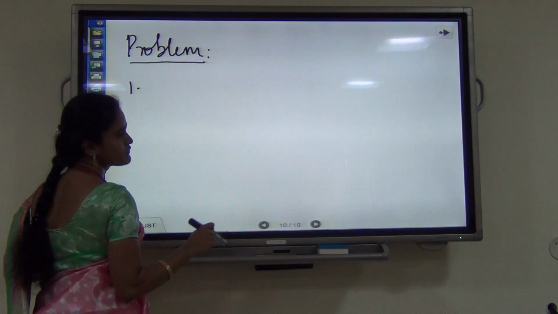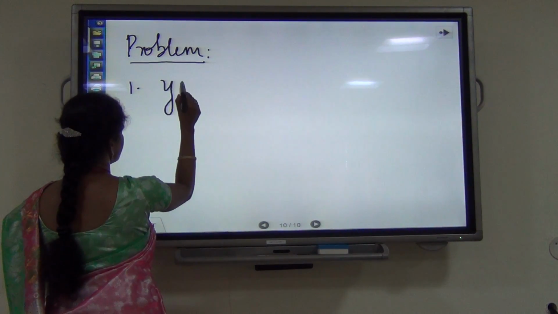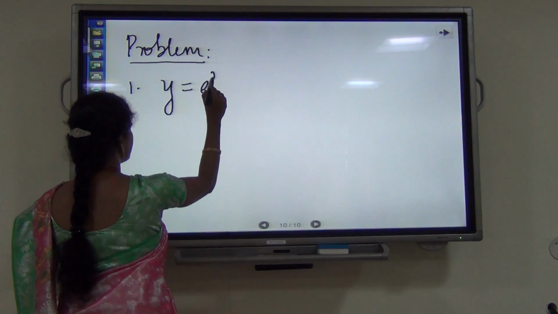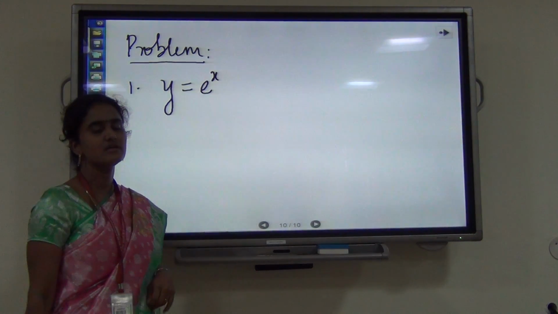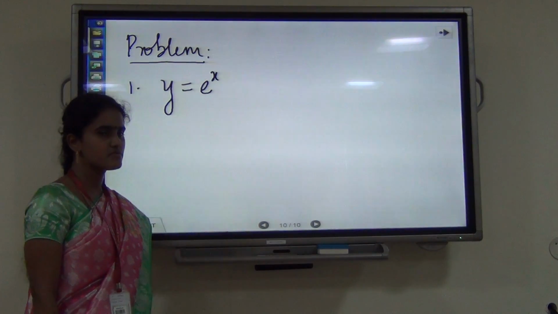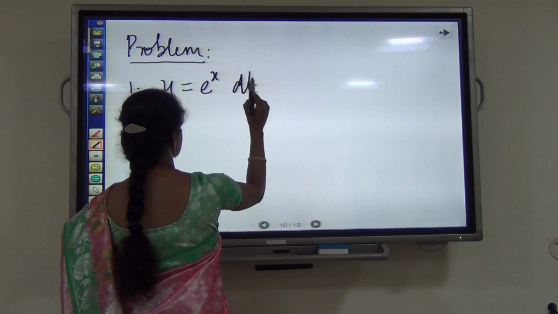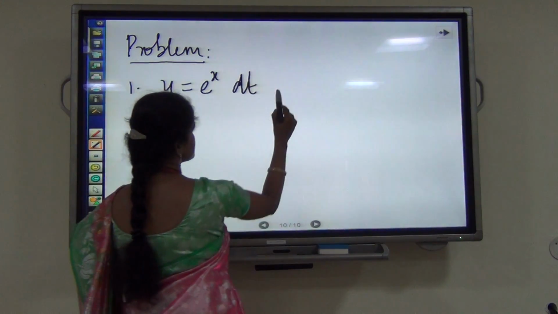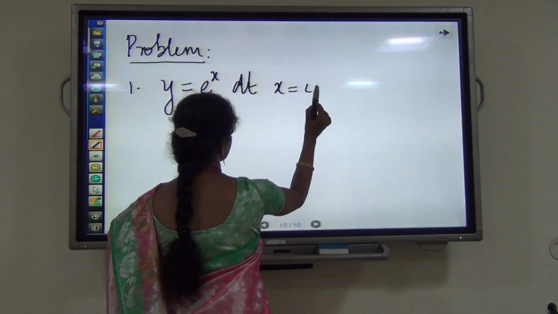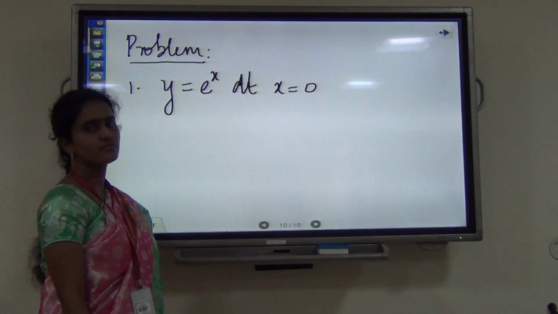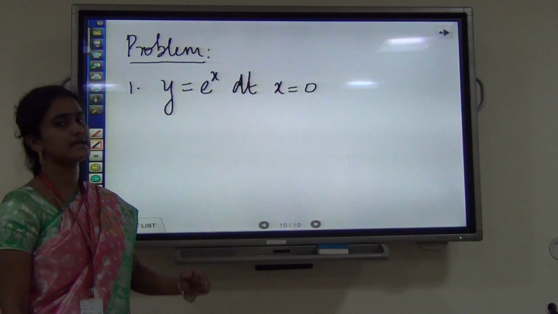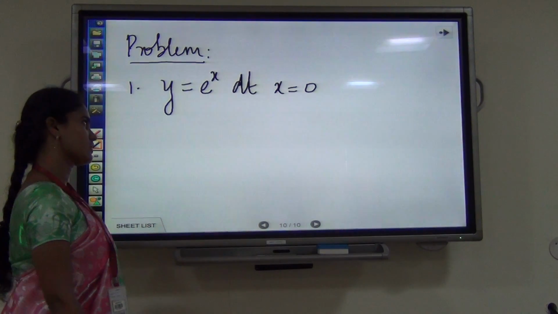Find the radius of curvature for the curve y is equal to e power x at x is equal to 0. We are going to find the radius of curvature at the point x is equal to 0.